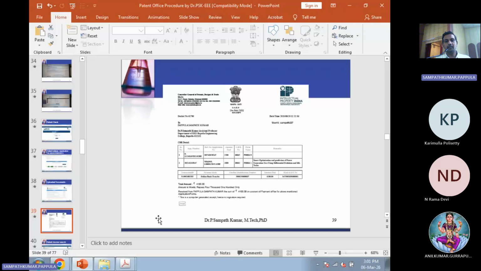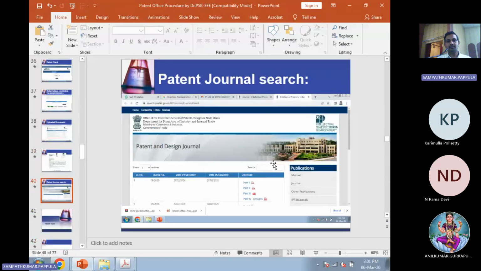After filing your patent, it will give you this form. It consists of the amount and application number, and your title also. After filing the patent, these are the journals you can see in the patent journal search.